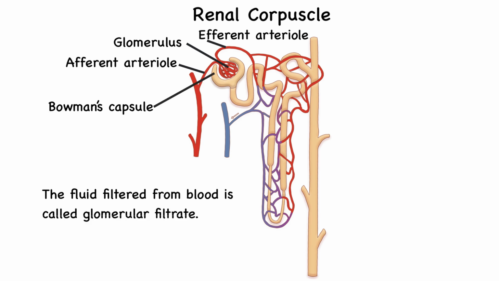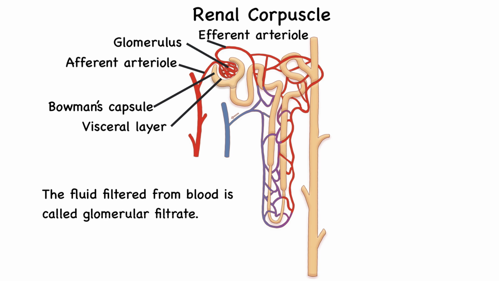This capsule is a double-walled epithelial cup consisting of visceral and parietal layers. The visceral layer contains podocytes. These cells have many foot-like projections that wrap around the endothelial cells of the glomerular capillaries, and together they are going to form the inner wall of the capsule.